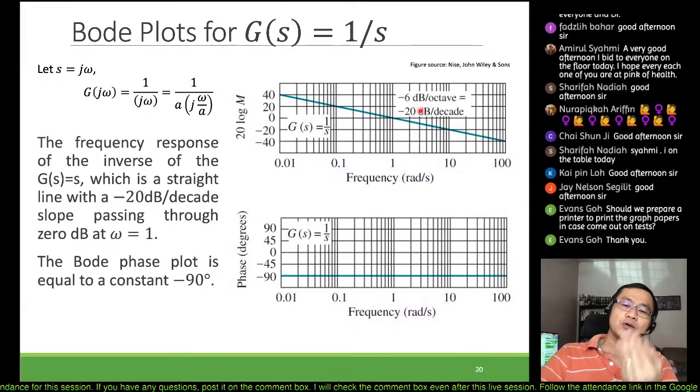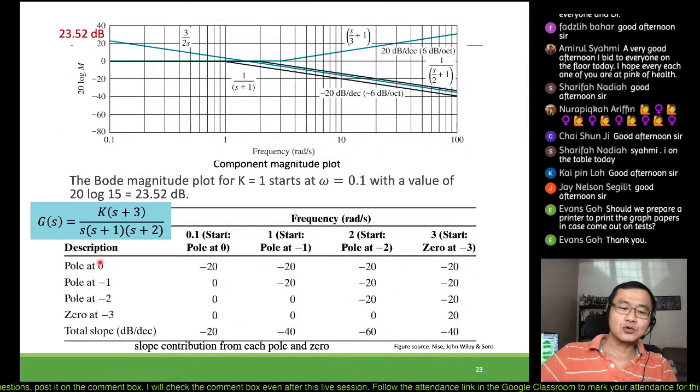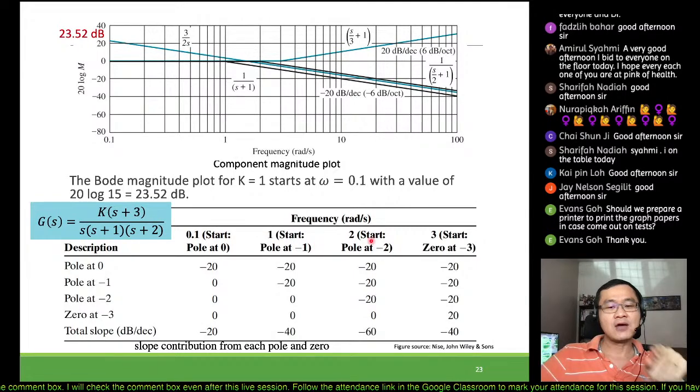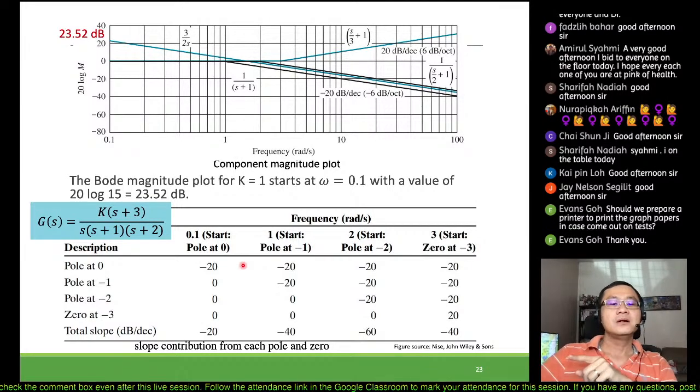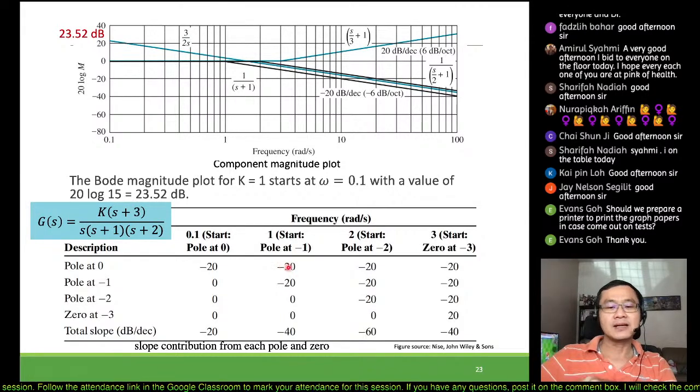So that would be your contribution due to this pole. Regardless of whichever frequency, the slope contribution would be minus 20, minus 20, minus 20, minus 20. So just write this down.